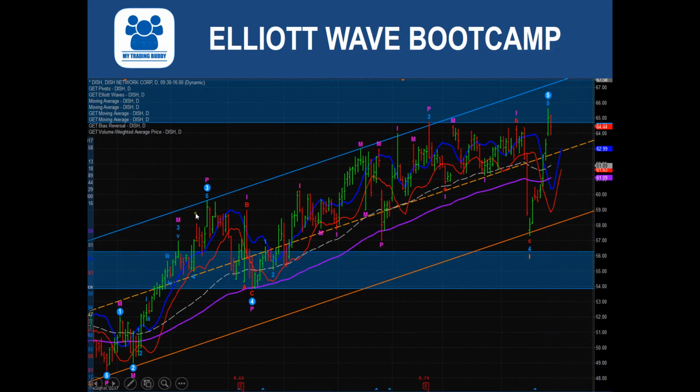So we've gone down to the daily. You can see the weekly channel here, okay? You can see that it's respecting this weekly channel on the daily time frame. This is one of our zones that I drew in from the weekly.